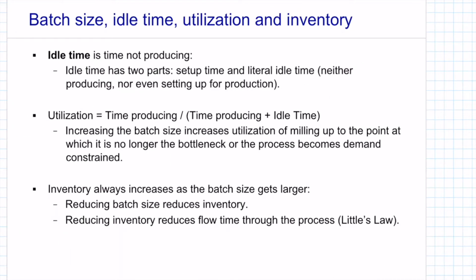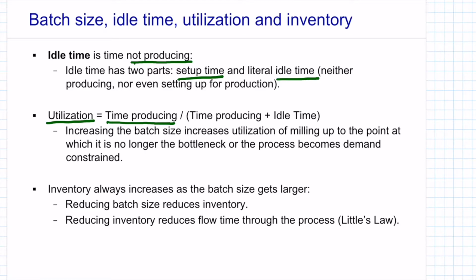Next, let's look at the interplay among batch size, idle time, utilization, and inventory. Idle time is basically when nothing is being produced. It can have two parts: either there is a setup going on, or it is just idle time where there is no production, not even setup. Utilization is time which is used for producing divided by time producing plus idle time.